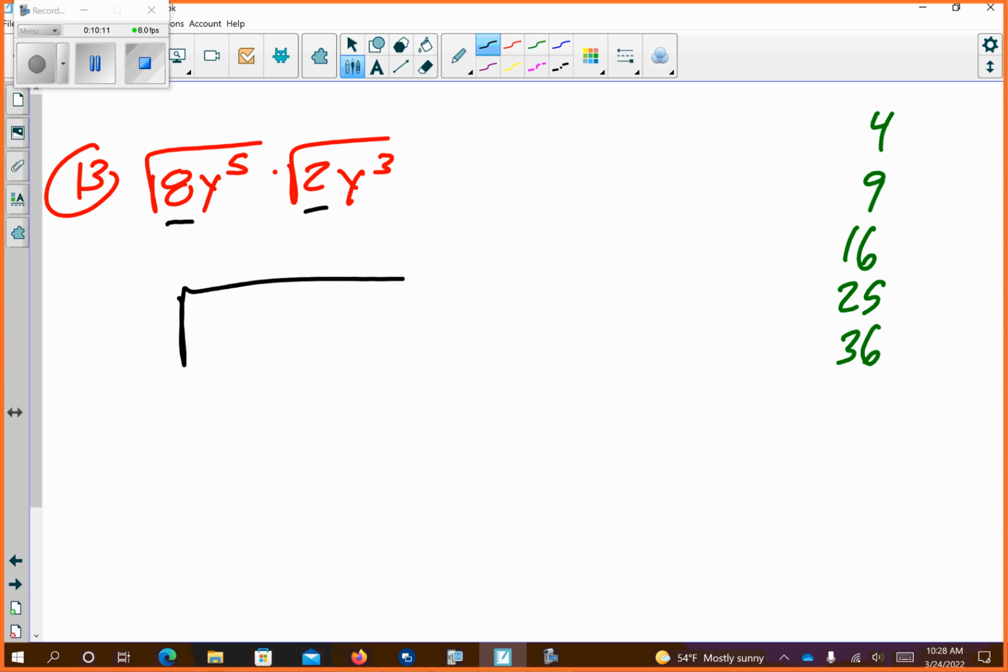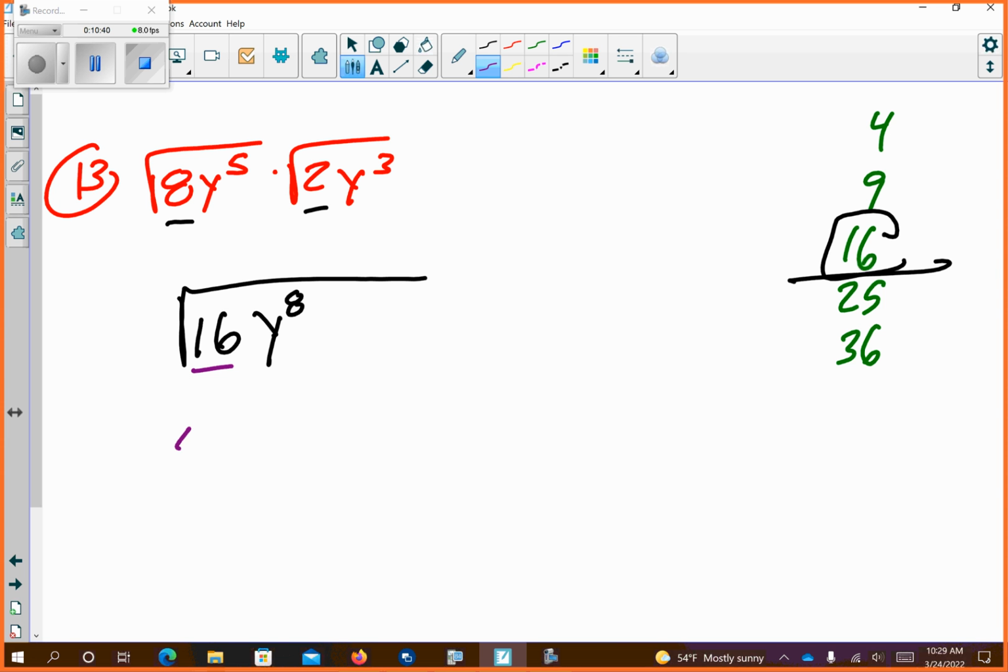I think it'd be okay because that's going to give me 16, and 16 is a perfect square. And what about the y's? Should I combine them together? If I combine them, how many y's do I get? To the 8th. As they were to the 5th and to the 3rd, they wouldn't have broken up as perfect squares, but now everything here is a perfect square.